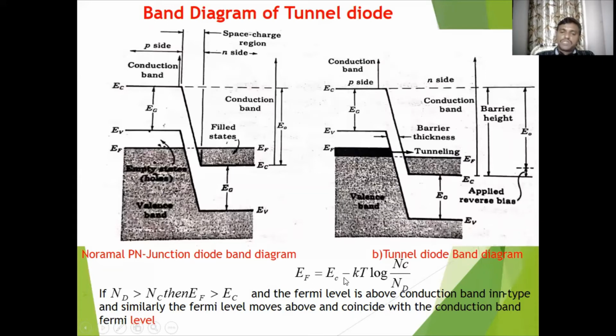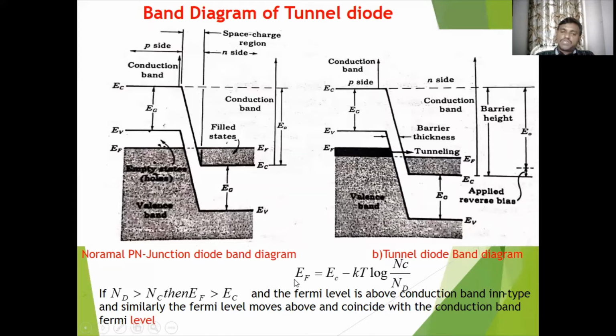So EF is equal to EC plus some value. So where will the Fermi level be present in the n-side extrinsic semiconductor, that is, the n-type material? It is above the minimum energy level, because if you consider the condition ND greater than NC, the denominator is more positive, so the log of this value is negative, and minus of minus gives plus.